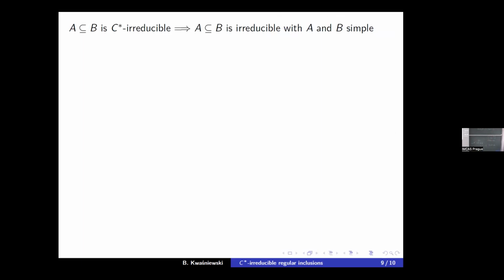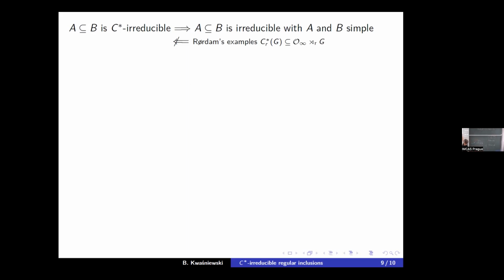I mean, this implication is trivial. Whenever you have a C*-irreducible inclusion, then A and B have to be simple, because every intermediate C*-algebra has to be simple. And this inclusion has to be irreducible, meaning that there are no non-trivial commutants. And the converse implication is false. Those examples come from inclusions of the group into a crossed product rather than the algebra where the action takes place into the crossed product.